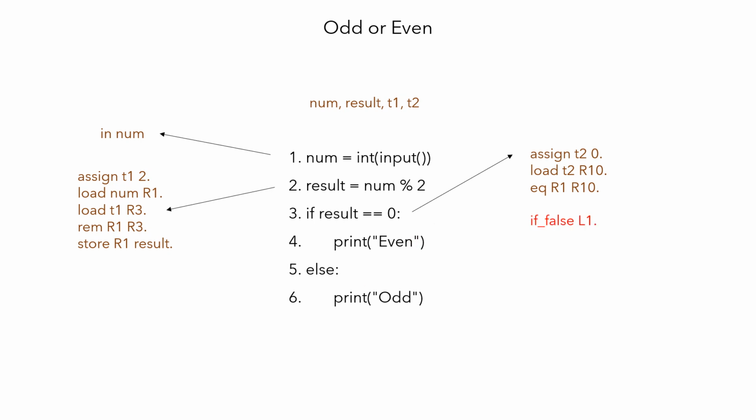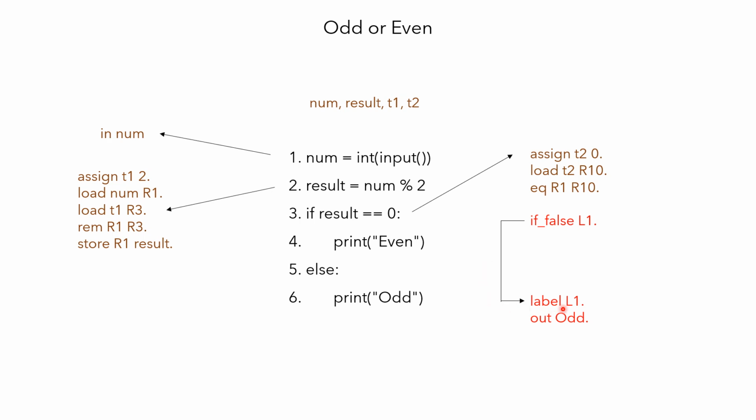When we do the comparison, we check the equality of R1 and R10. So the result could be true or false. Now, if it is true, then I want to go ahead and continue with the sequence of instructions. But if it is false, I want to move to some other point. So we check whether the result of it is false. If false, then we say no, don't execute the following statements.